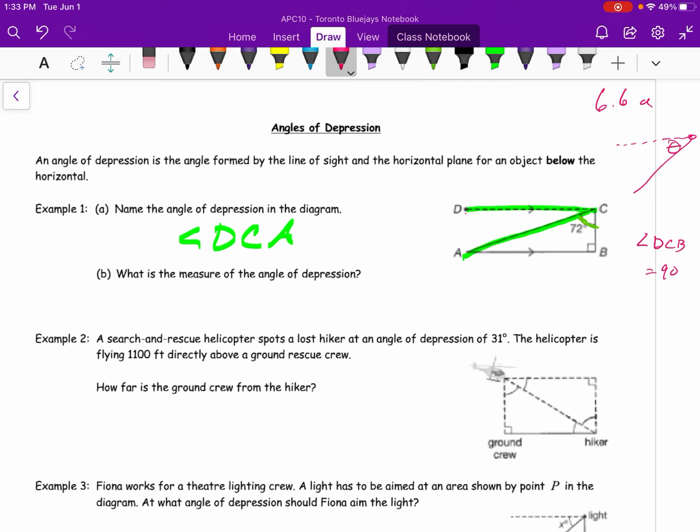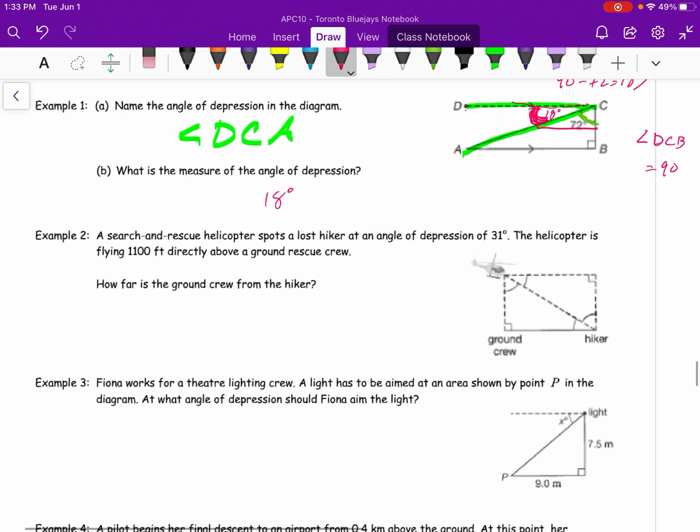And if this is 72 degrees, that implies that this must be the complement of 72, which is 18. That is, this angle here has to be 90, so 90 minus 72 is equal to 18, because this is simply the angle of depression from the horizontal down.